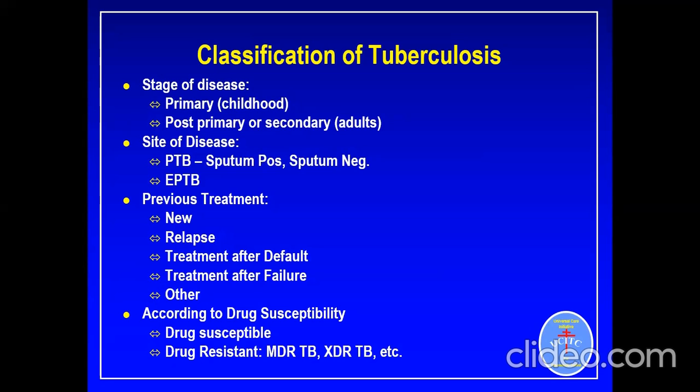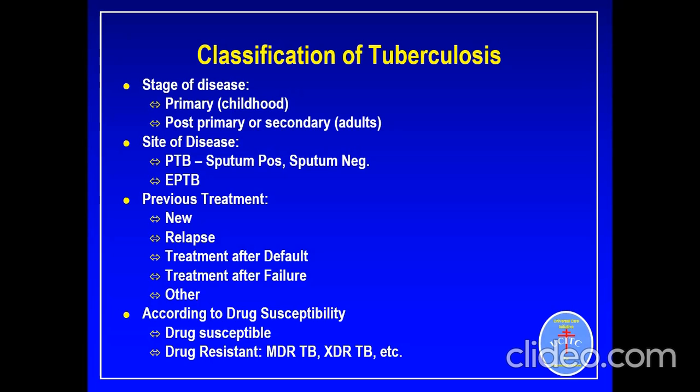A relapse, I forgot to mention the reinfection, but a relapse or a reinfection is a person who has had tuberculosis in the past, has been cured of that, and has got a new episode of tuberculosis. That is known as a relapse or a reinfection. A treatment after default is obvious: a person who has stopped treatment for more than 2 months after starting treatment and discontinued it. So when we start treatment, we classify him as treatment after default.